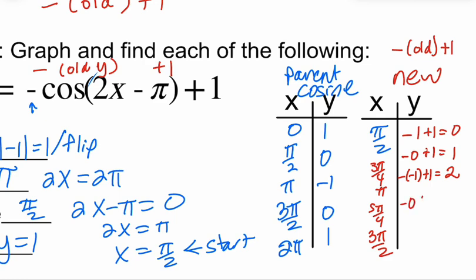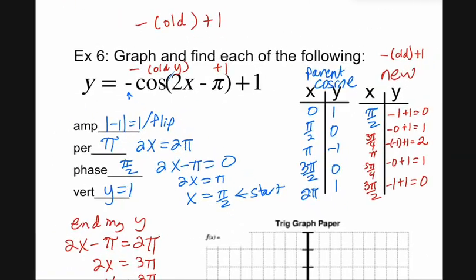The opposite of 0 plus 1 we already found was 1. The opposite of 1 plus 1 is 0. For the cosine to be correct, these two should match. These two should match. That one will be different. Okay. So now we have our new values.